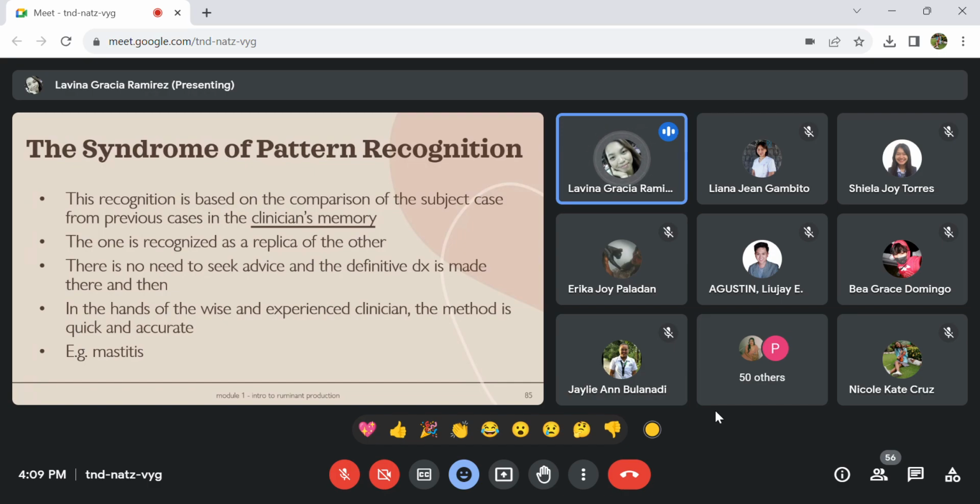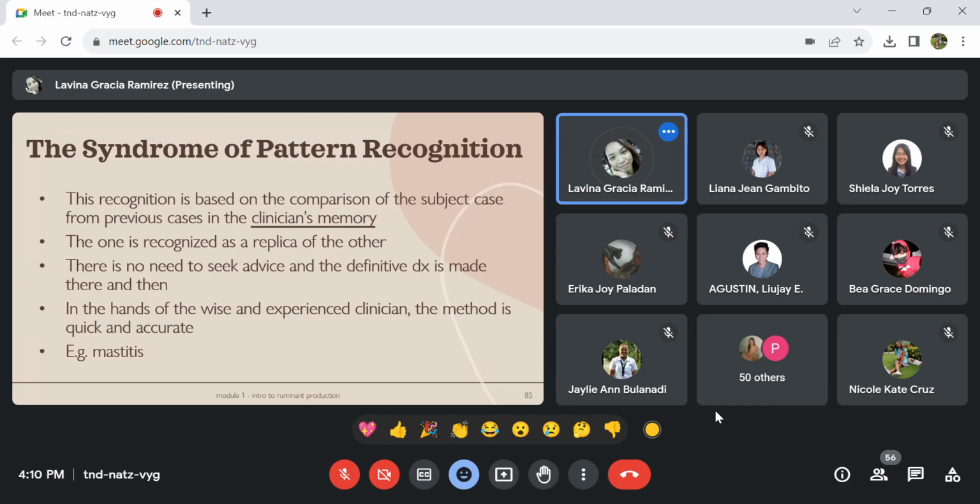Gaya ng sinabi ko, you should know how to talk to your clients in layman's terms. So for the purpose of discussion, the first method is pattern recognition. With this method of recognition, at least the client will have an idea. And then, of course, as a clinician, you know what to do, at least first aid, if you recognize this kind of condition.